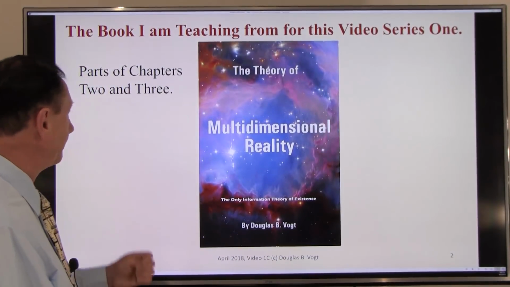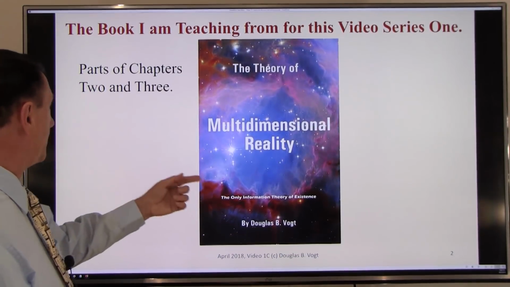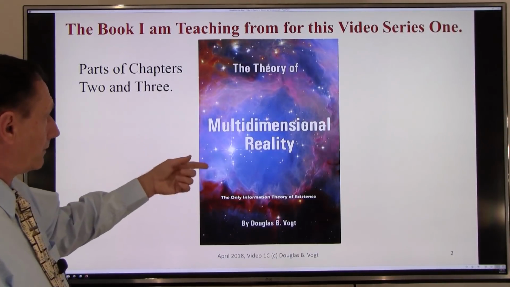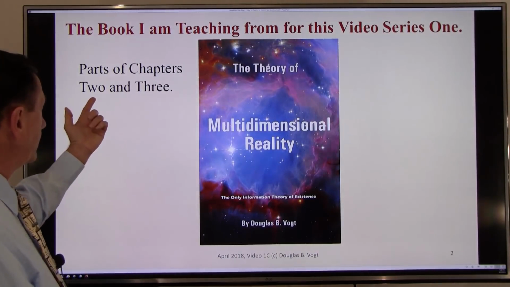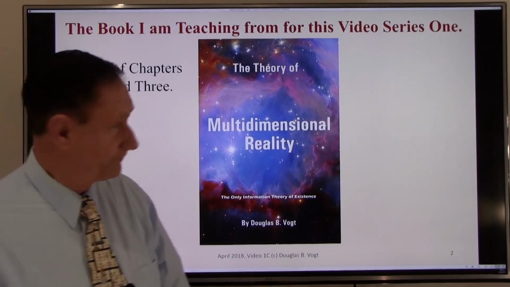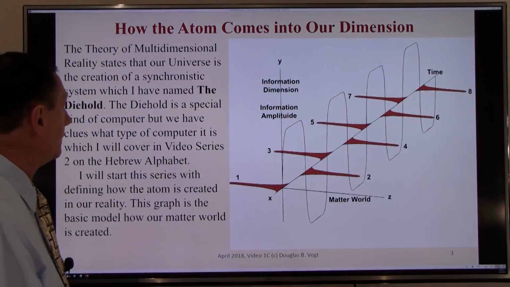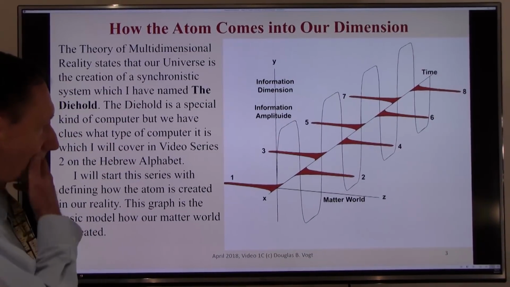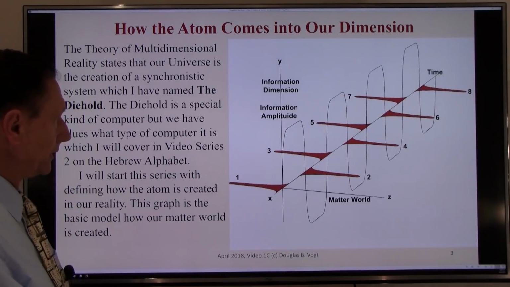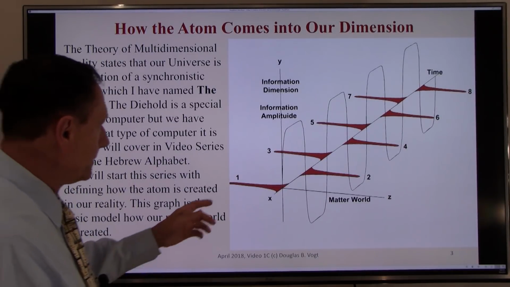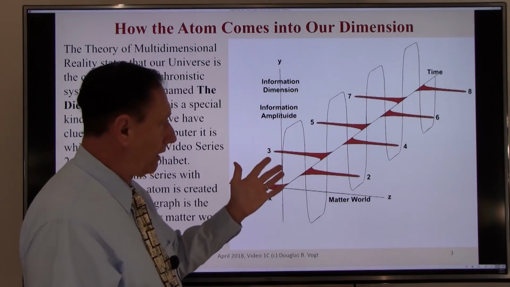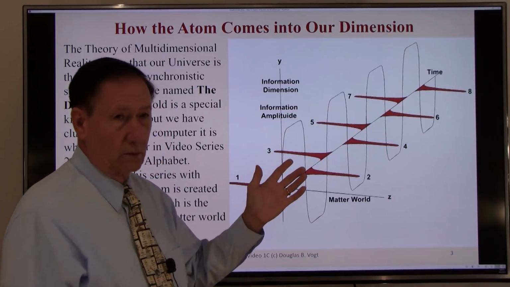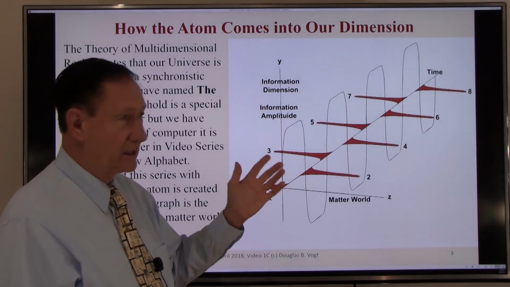Okay, I'm teaching from this book, Theory of Multidimensional Reality, chapters 2 and 3. Okay, the theory basically, like I showed in one of the earlier videos, this is the basic graph of how the matter world and us come into existence.